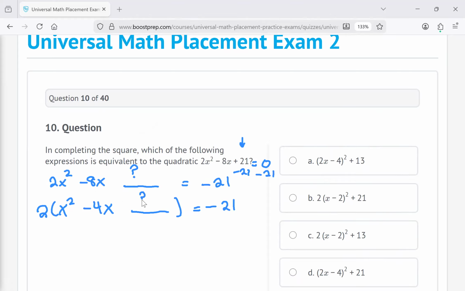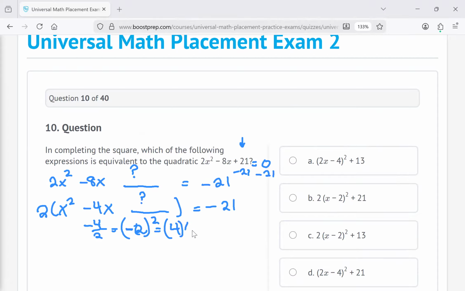Now what do I do with this blank space? You take half of your b. If your b is -4, half of that is -2. Square that, that's +4.